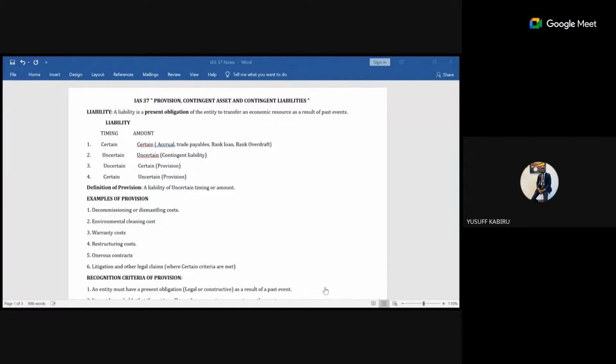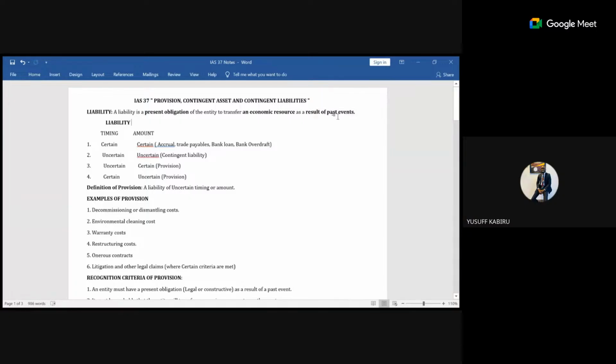If you can see my screen very well, let me quickly discuss this liability, because anytime I lecture provision, there are usually problems. Some people don't actually get it, so let me quickly highlight this. Provision is actually a very interesting standard, that when a question comes out, you should be able to answer it.